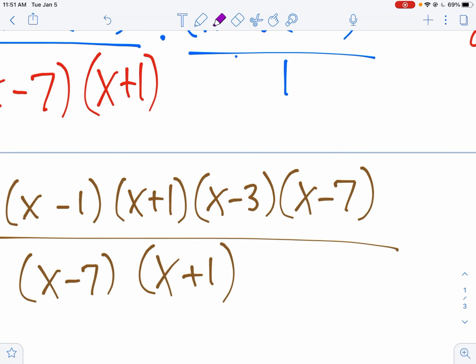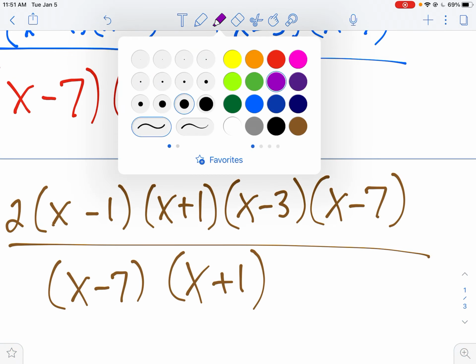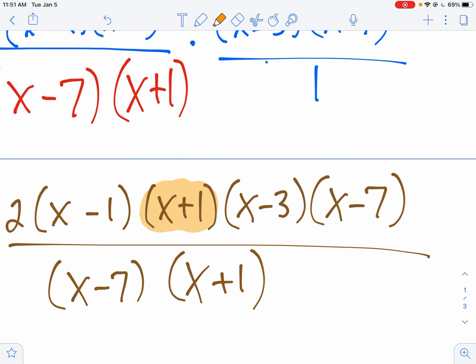Here's the cool thing, and this is why we do this: we want to see if there's anything we can cancel out. And guess what? There is. X plus 1 and x plus 1. Since they're both here, I divide them out, I get 1, so they cancel out.